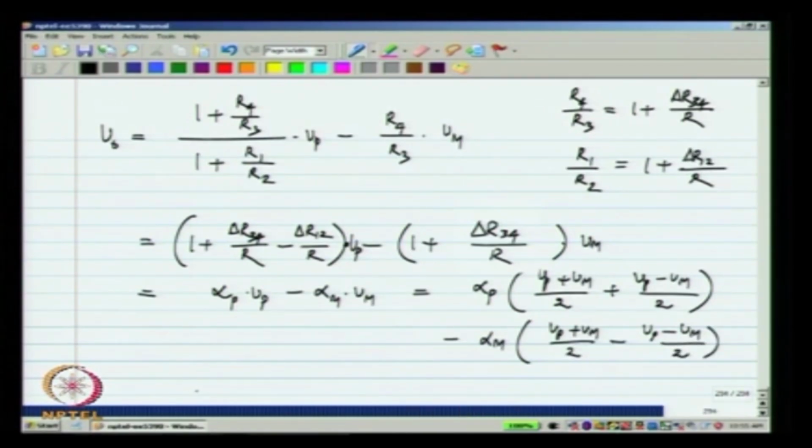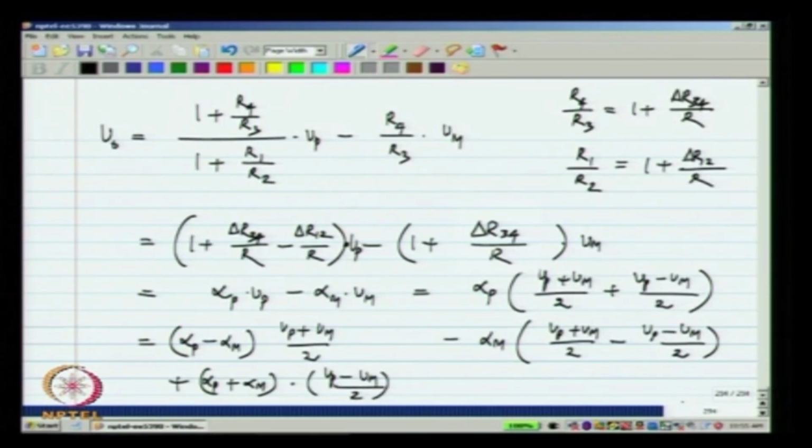I have just resolved the signals into their differential and common mode components. So, which gives me alpha p minus alpha m times the common mode voltage Vp plus Vm by 2, plus alpha p plus alpha m times Vp minus Vm by 2.